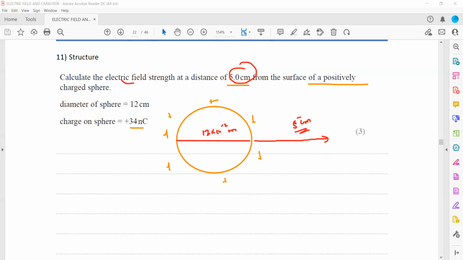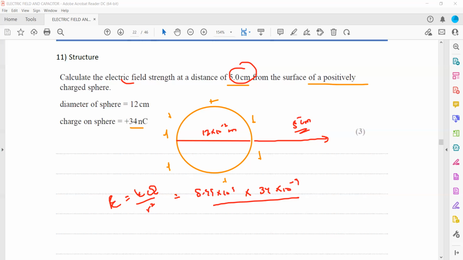So we'll use the formula E equals kq over r squared, where k is 8.99 into 10 to the power 9, and Q is the charge on the sphere, that is 34 nanocoulomb, divided by the distance squared.